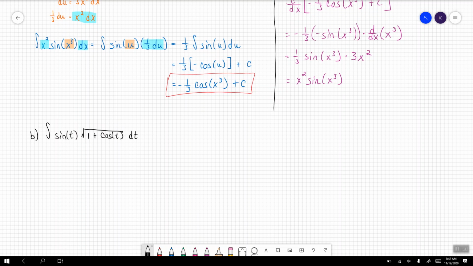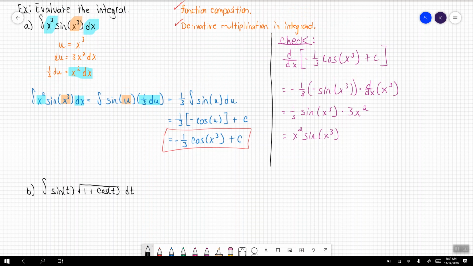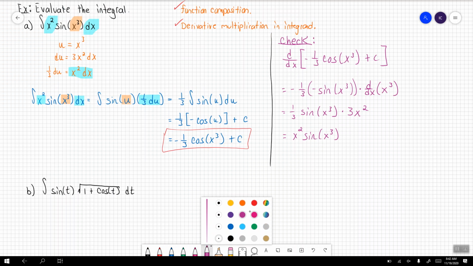Okay, so again, we want to go through some of these substitutions, and we want to identify those two components. Number one, do we have a function composition? That's one thing that we always want to check. So is there a function composition?